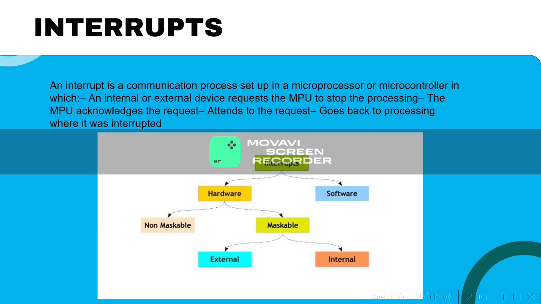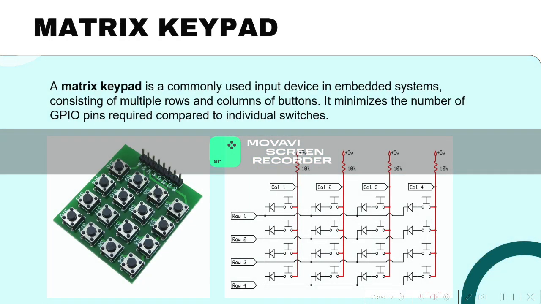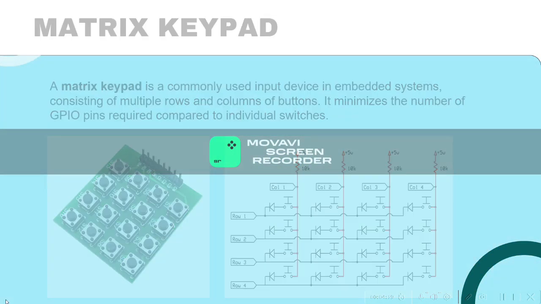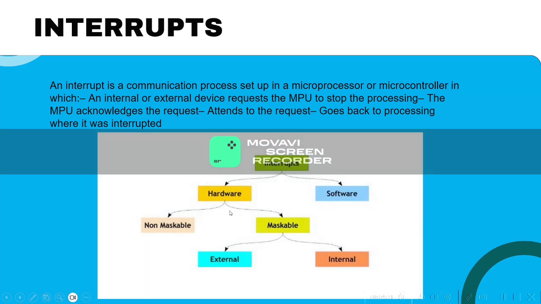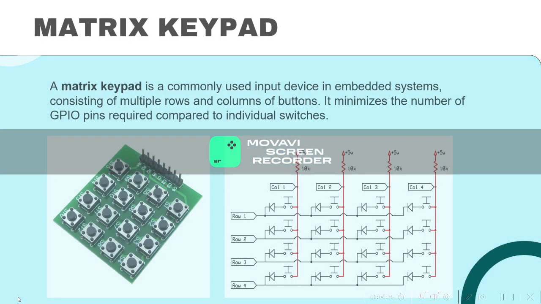Interrupts are divided into many types. First are hardware interrupts and software interrupts. Hardware interrupts are also divided into non-maskable and maskable. Maskable interrupts are also divided into external and internal interrupts. In this way, interrupts are divided.